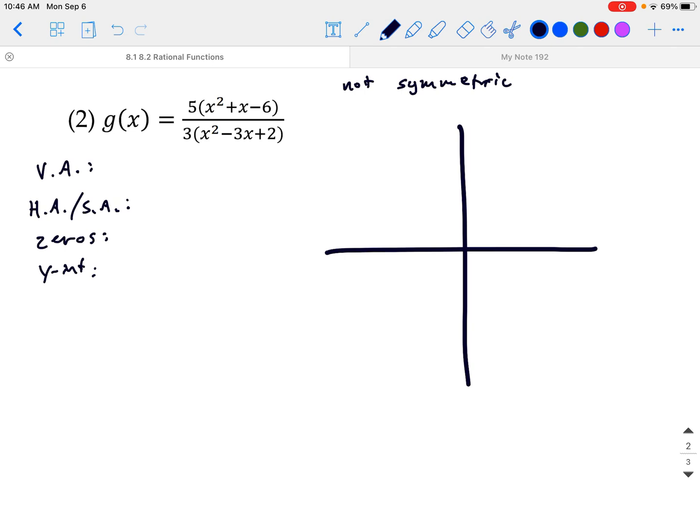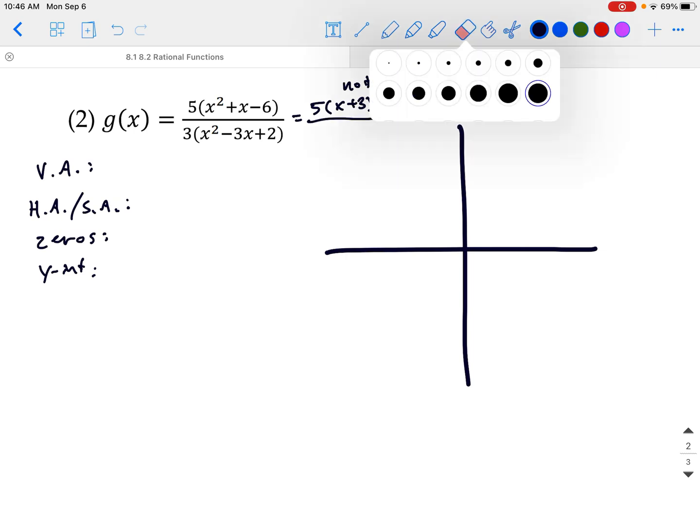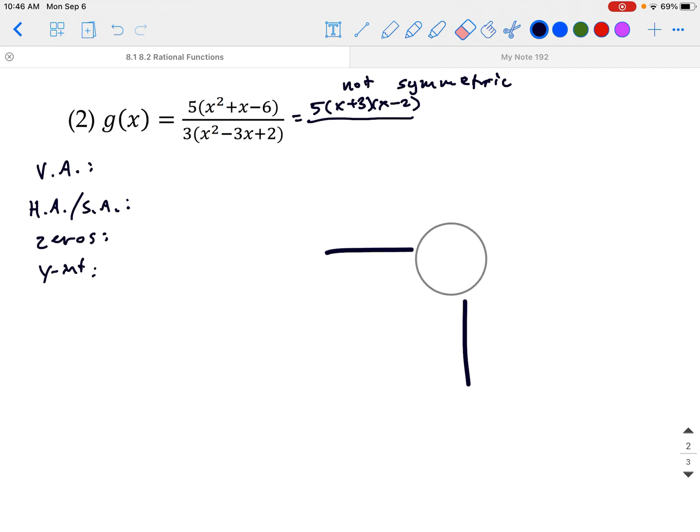So let's find those important pieces of information. We're going to want to factor this. So we'll have 5 times x plus 3 times x minus 2 over 3 times x minus 2 times x minus 1.